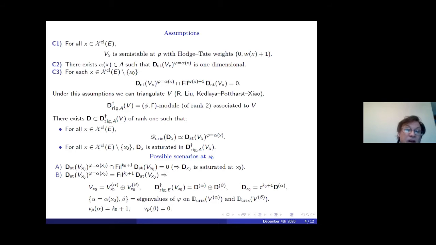And at all classical points x, with probably the exception of x0, the phi gamma module Dx is saturated in the phi gamma module of the specialization of V at x. To be more precise, I should say that we eventually should shrink our disks to get these properties.